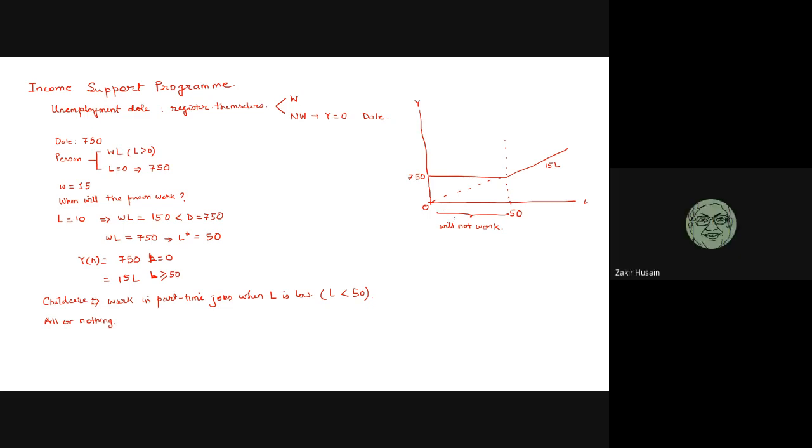So, as Shomdev says, he is not very mean. How do you modify the scheme? One way of modifying the scheme is to add a third option. So if L is equal to 0, he doesn't get any job, you give him 750.